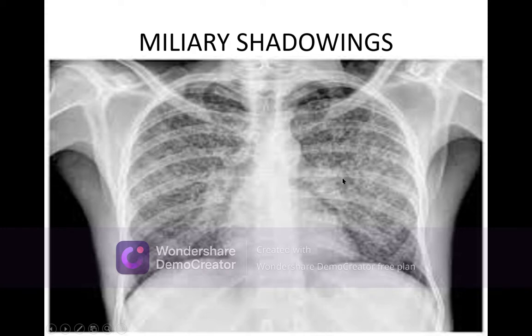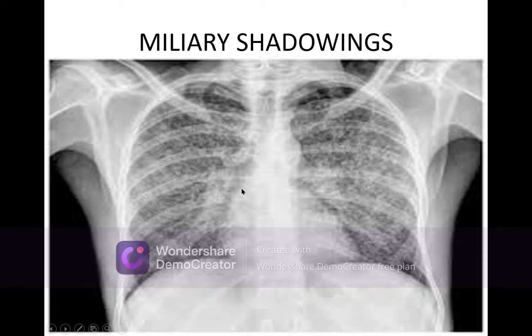Other than that, it can be seen in allergic conditions as well, like extrinsic allergic alveolitis can cause miliary shadowings. Another one, the interstitial lung diseases can cause the shadowings, and sarcoidosis can cause these shadowings in less than 1% of cases.